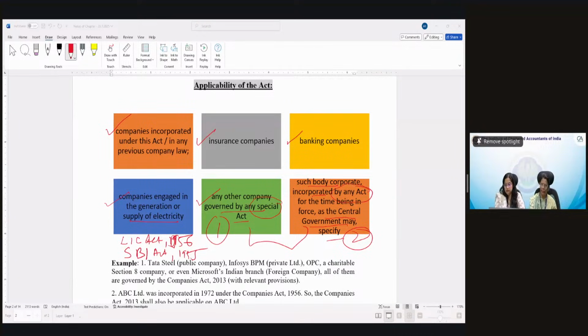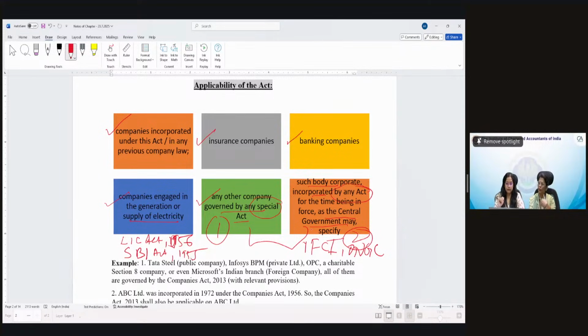For example, IFCI, the Industrial Finance Corporation of India, is one of the companies which will fall under this category, or ONGC. This is also a company which is not formed under the Companies Act, but these are being recognized by the governments.